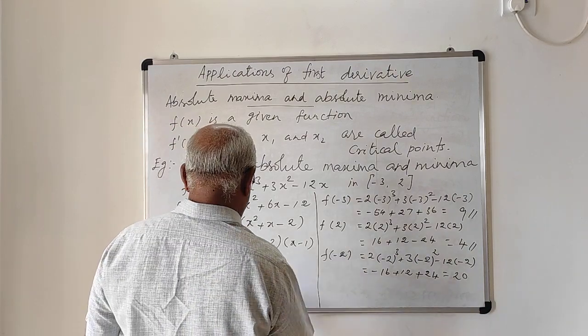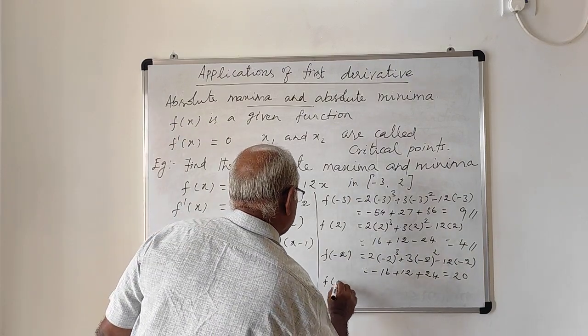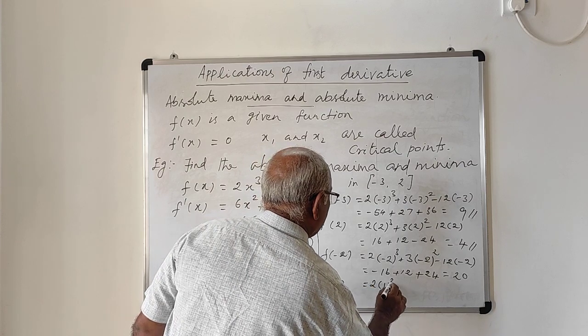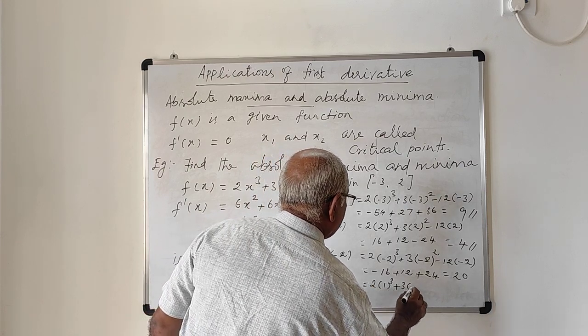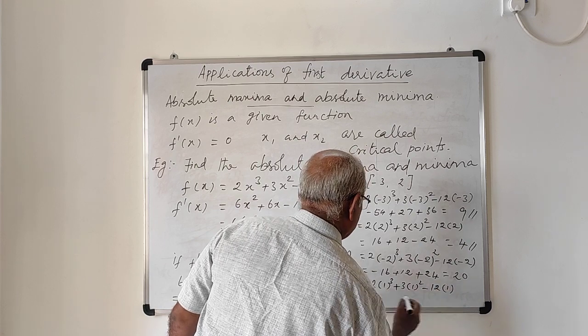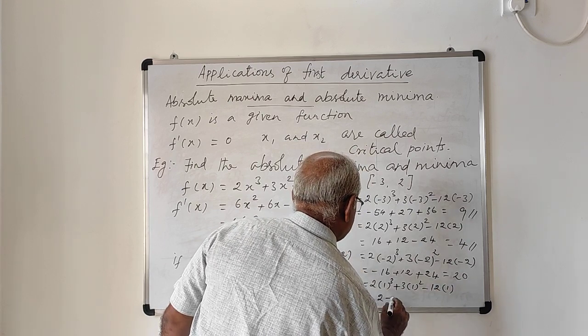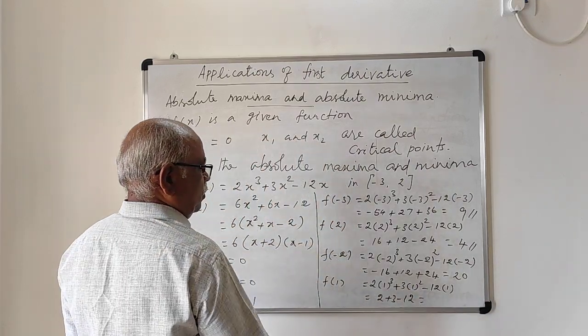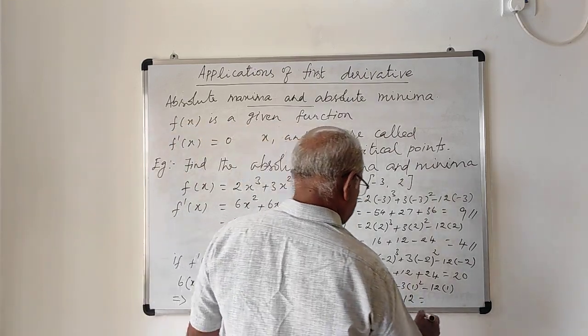And f of 1 at the critical point x equal to 1 is 2 into 1 cube plus 3 into 1 square minus 12 into 1, that is 2 plus 3 is 5, minus 12 is minus 7.